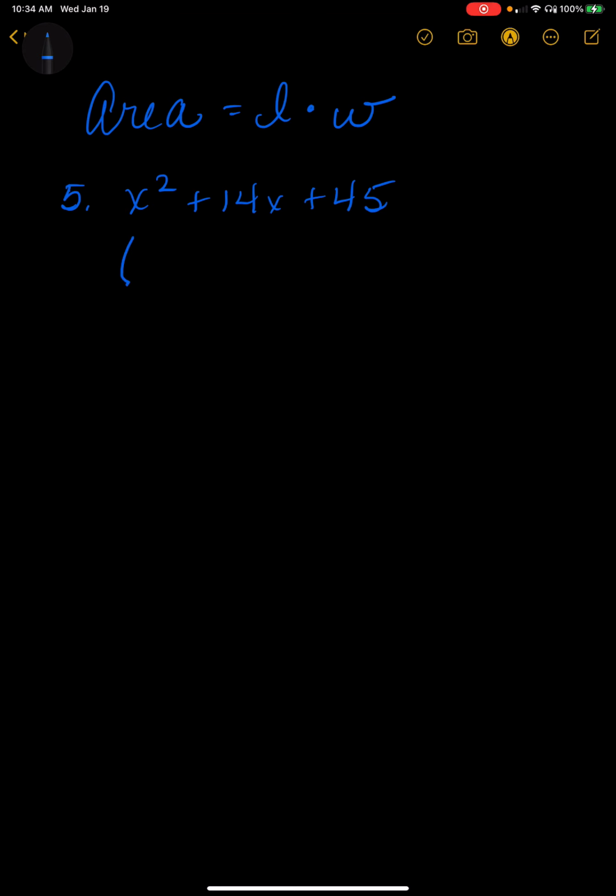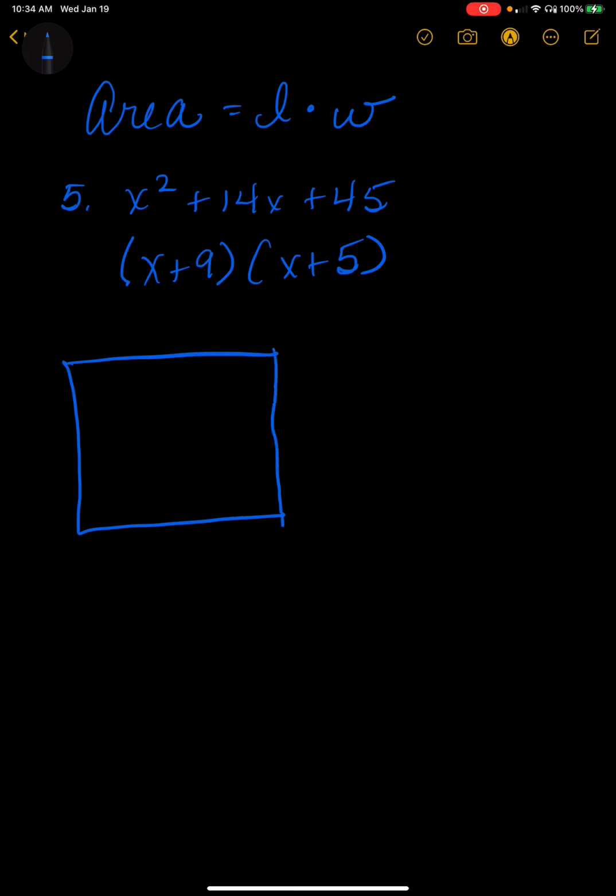And we said that our factors are x plus 9 and x plus 5. Well, the way that we can check this is by placing our two binomials on each side of this area model. So x plus 9, x plus 5.